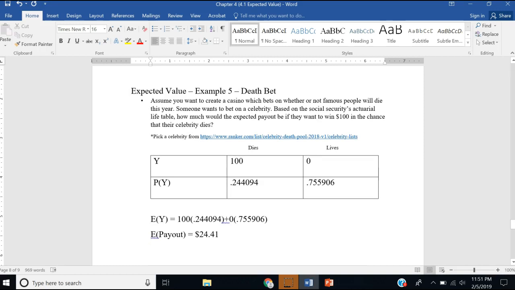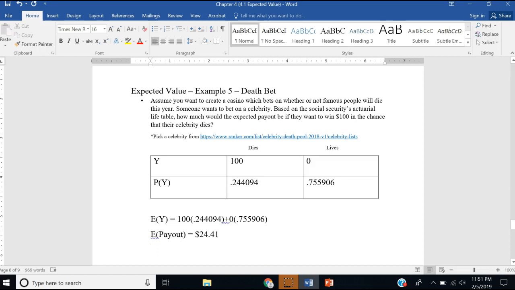So what does that mean? That means on average, if I did this for lots and lots of celebrities on that list who are all 94 years old, some of them are obviously going to pass away, some of them are not. But if you did this over and over, it would cost the casino that you're setting up about $24.41 per bet.